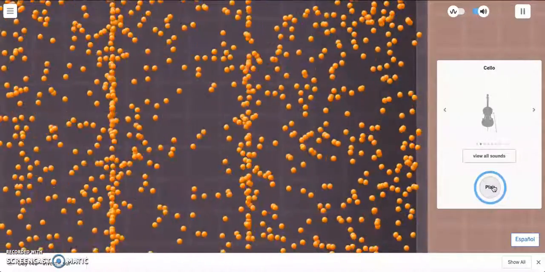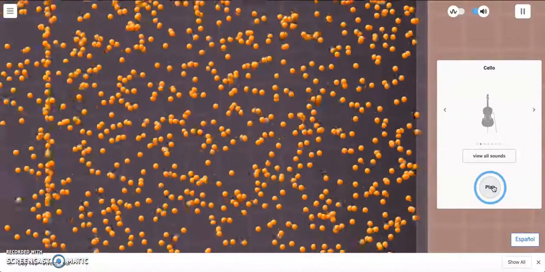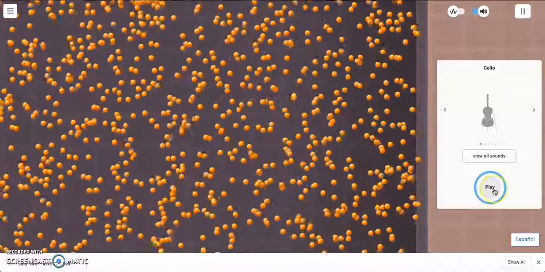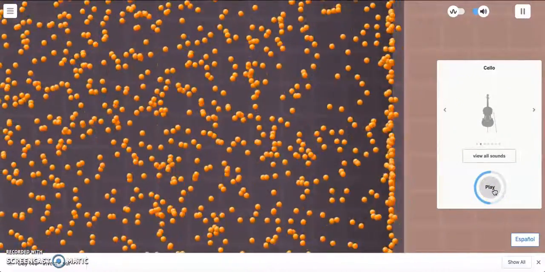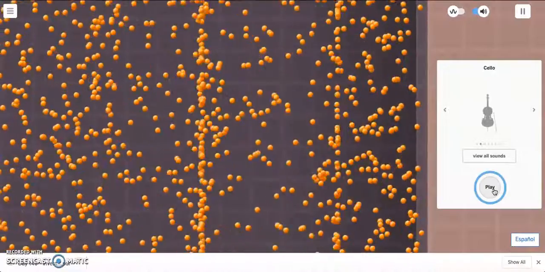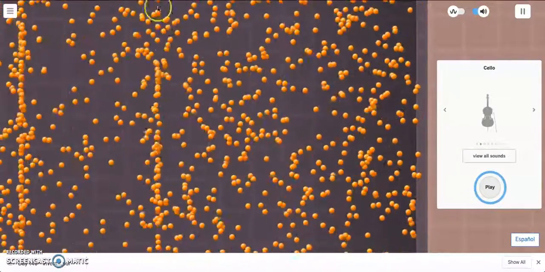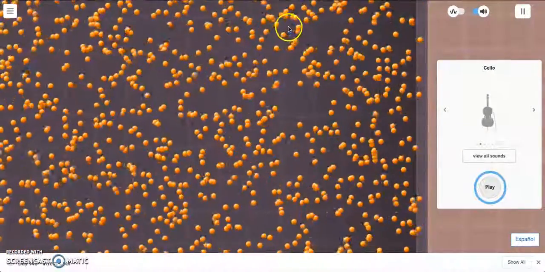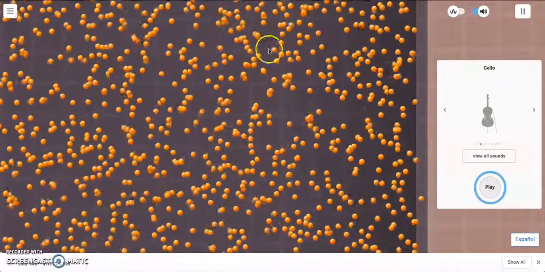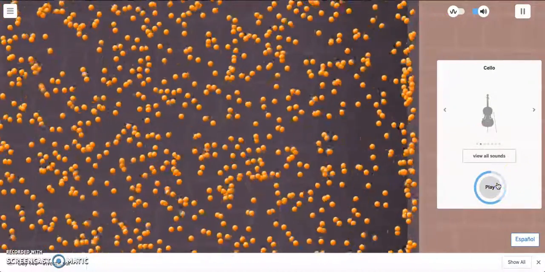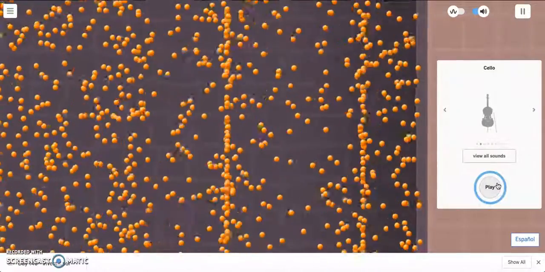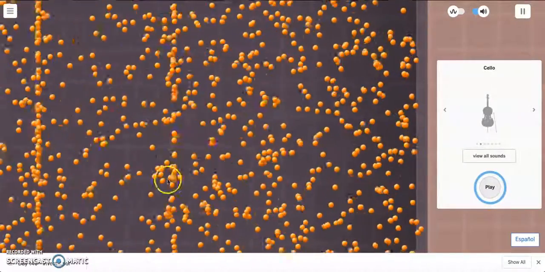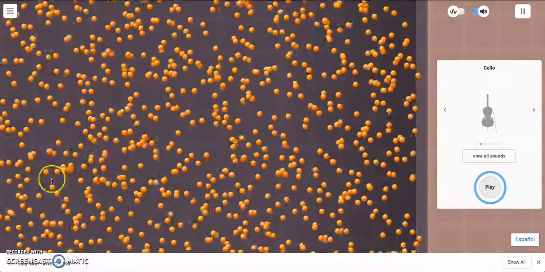So I'm seeing a lot of little orange dots bouncing all over the place. I'm going to make that note down on my paper. I'm also seeing 2 vertical lines. These orange dots are forming and stacking on top of each other and forming 2 lines. Those 2 vertical lines seem to be tightly stacked.